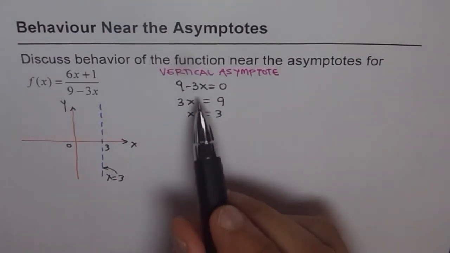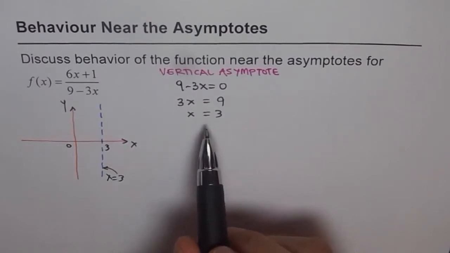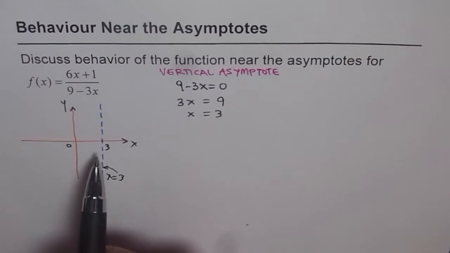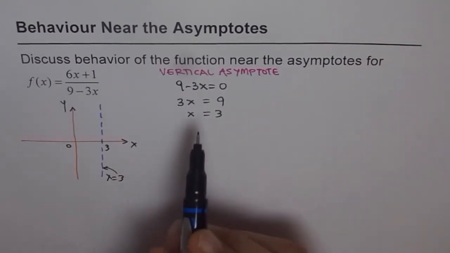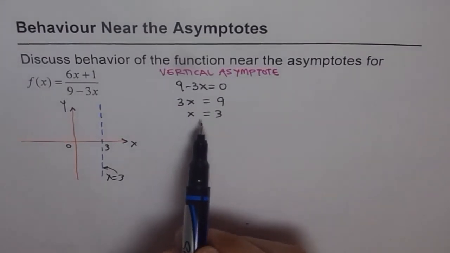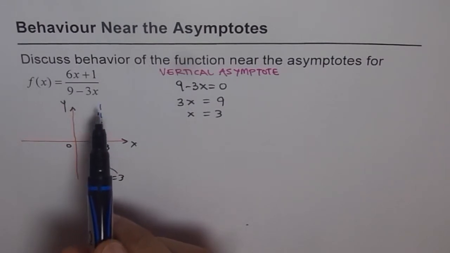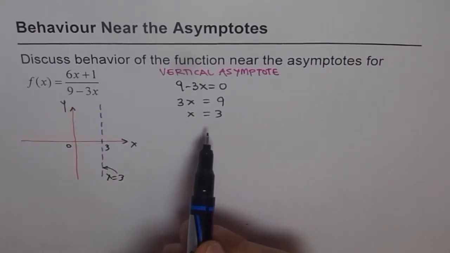Now when we say behavior near the asymptote, it really means that if we substitute a value which is very close to 3, from the left or right side of 3, for which we have a vertical asymptote, then how does the function behave? As you know, at x equals 3 the function kind of is infinity, or x equals 3 is not in the domain of the function, right?